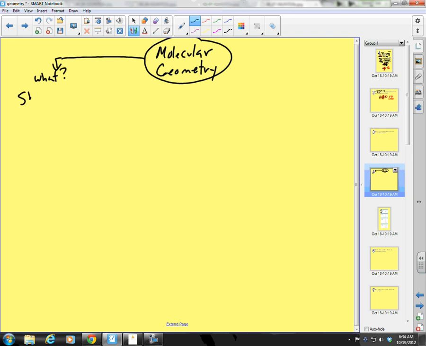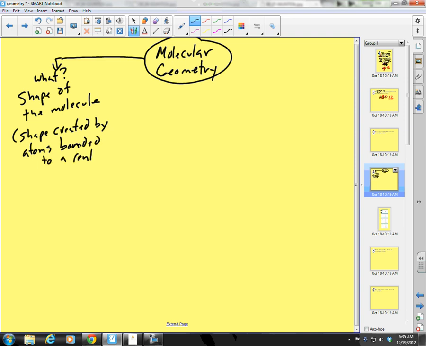Really, we're talking about the shape of the molecule, and specifically we're really talking about the shape created by atoms bonded to a central atom or central atoms.